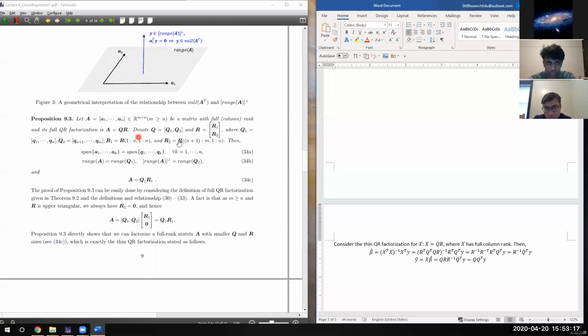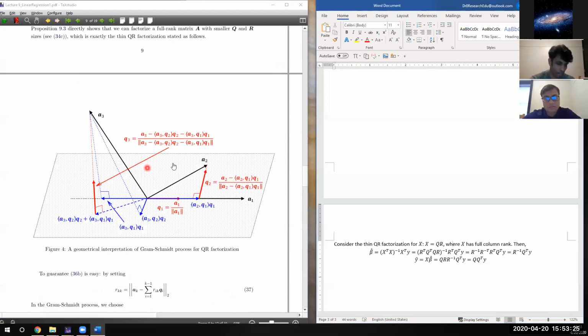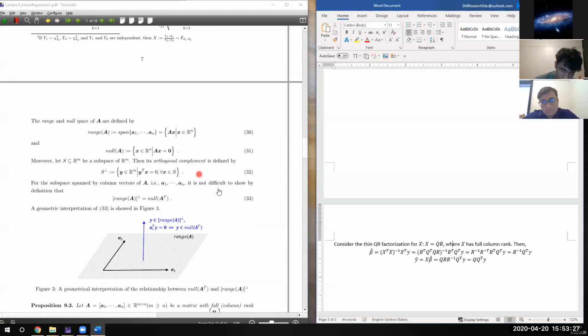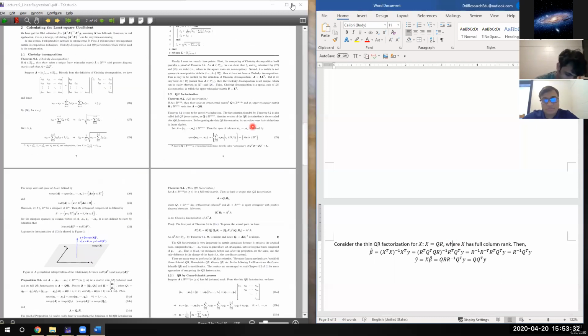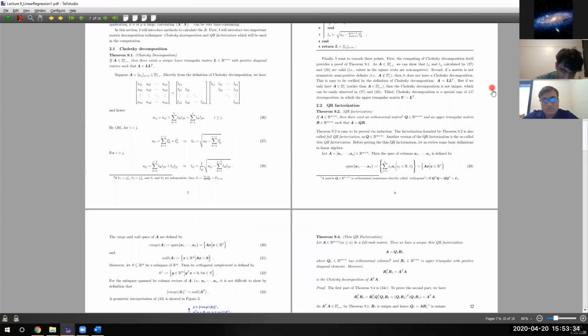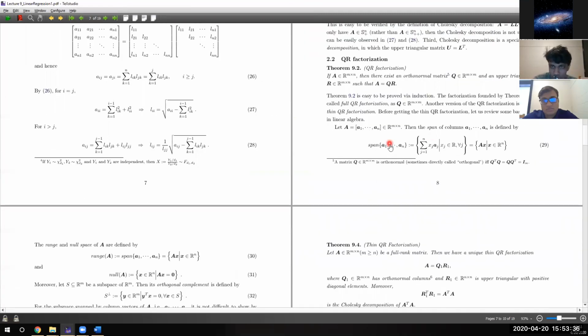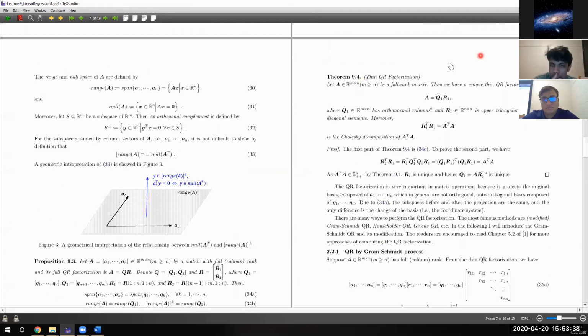Where's the thin QR factorization? Here it is.